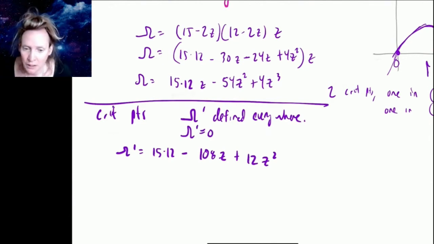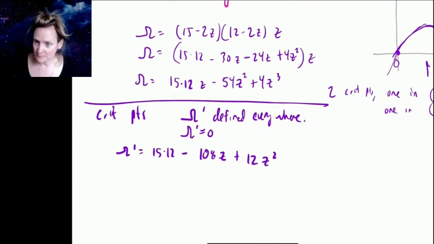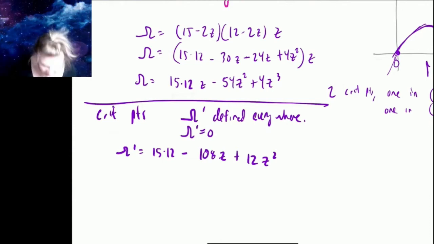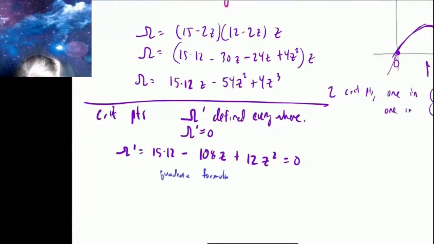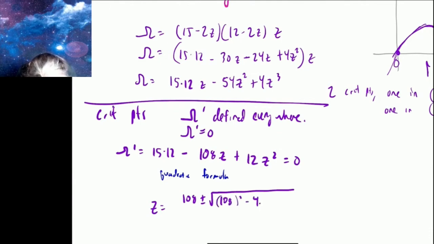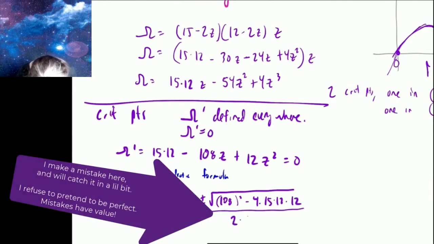When I do not readily know how to factor that, maybe one of you does, I'm going to choose to use a quadratic formula to find the 2 values of z once I set it equal to 0. So I'm going to use the quadratic formula. The quadratic formula is going to say that z equals negative b plus or minus the square root of b squared minus 4 times a times c all over 2a.